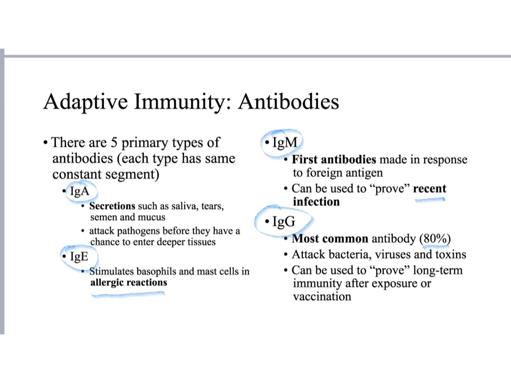Now, that doesn't mean that at that time I was currently infected with chickenpox. It just means that at some point in my life, I had been exposed to the chickenpox virus, and IgG antibodies had been made against that virus, and there were still some of them in my blood, probably waiting for the next time. And so I didn't have to get the immunization because I had already been exposed.